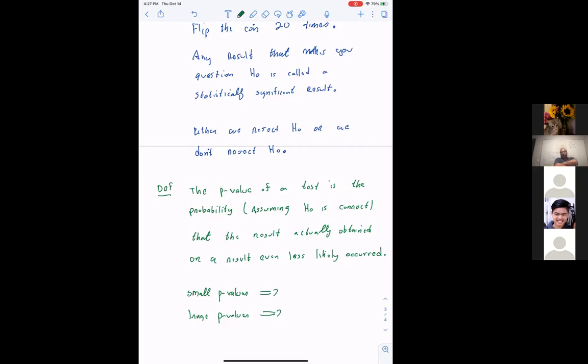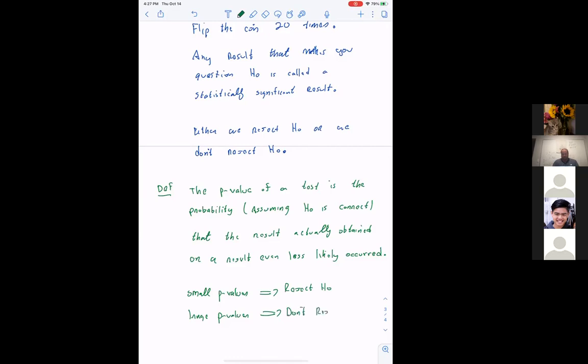If there's an 80% chance that something occurs when the null hypothesis is correct and it happens, you'd be like, oh okay, that's what I expect. So small p-values are when we reject the null hypothesis. If there's a small chance that this outcome occurred and yet it actually happened, then you might start questioning whether the null hypothesis is truly correct.